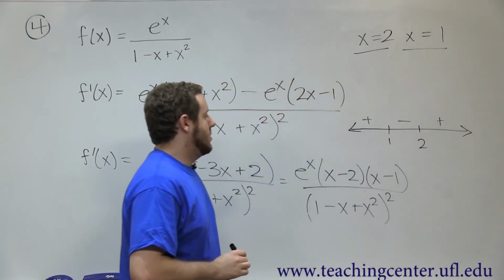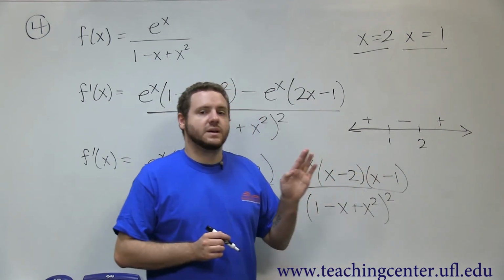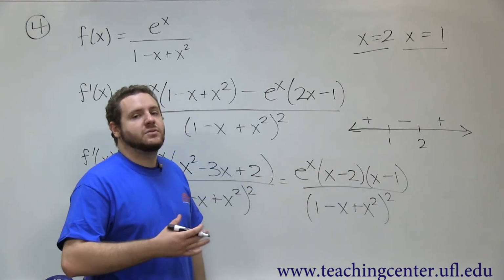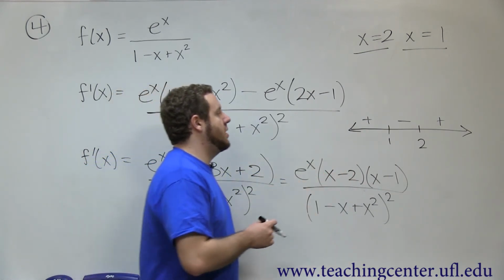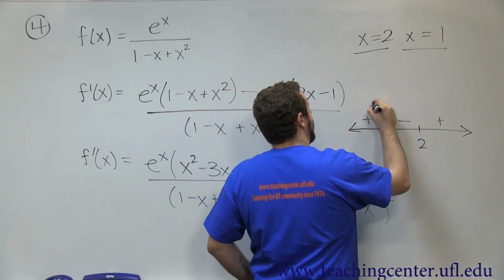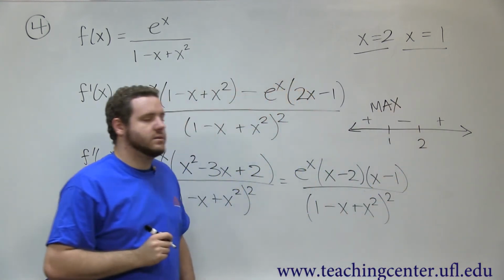Therefore, at all values up to x equals 1, this function is increasing. Between 1 and 2, it's decreasing, and then after 2, it's increasing again. So that tells us that at 1, it changed from increasing to decreasing, so we have a max value at x equals 1.